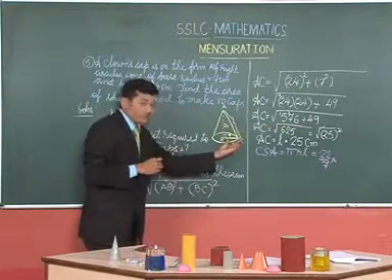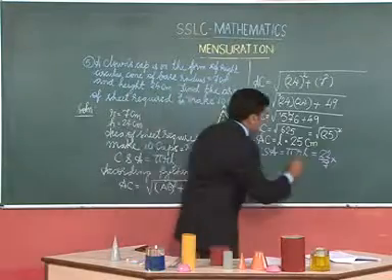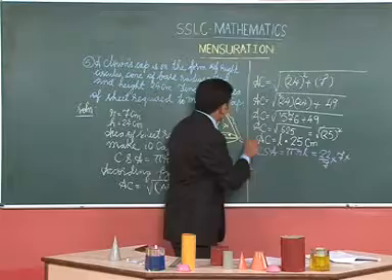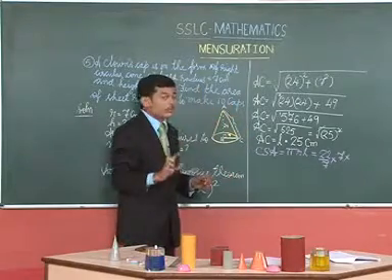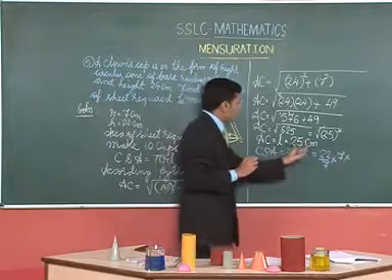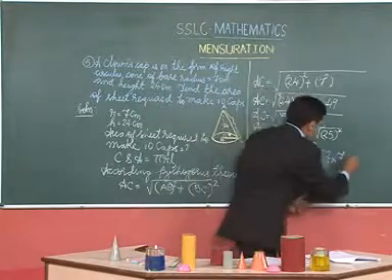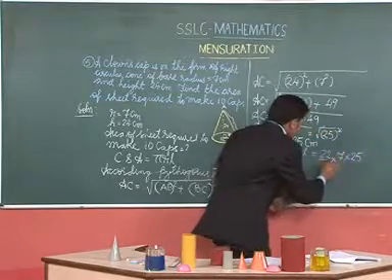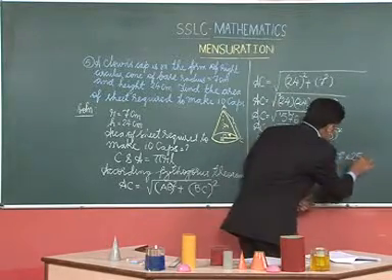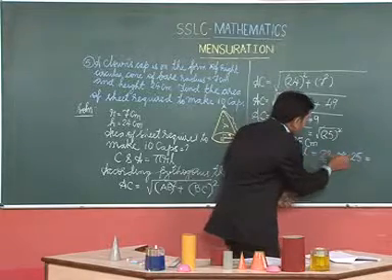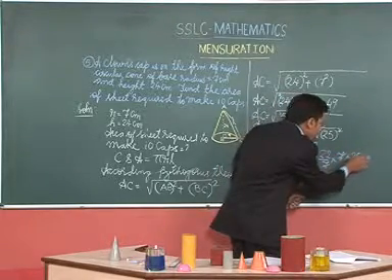Radius R is given here, it is 7 centimeter, into L, slant height. It was not given in the question. We have found it out by using Pythagoras theorem, and it is equal to 25 centimeter. Now 7 gets cancelled, and now 22 into 25.